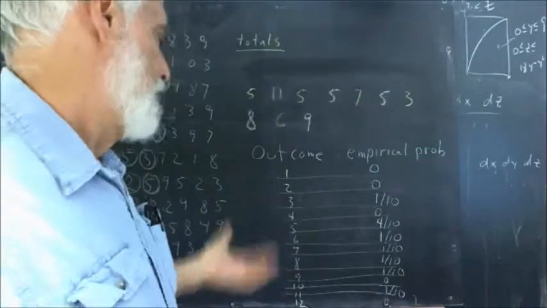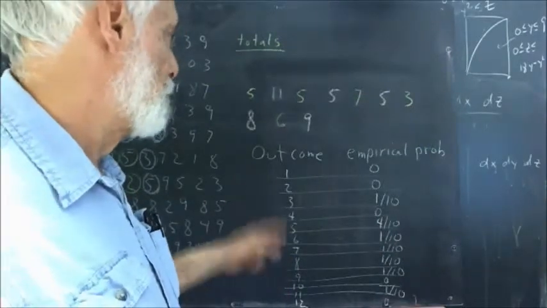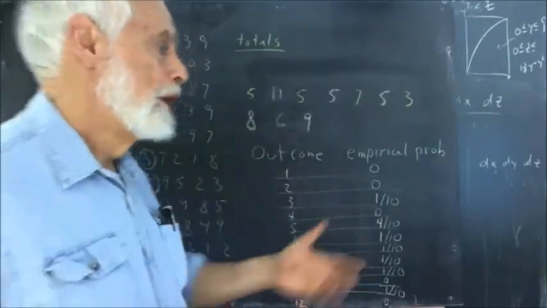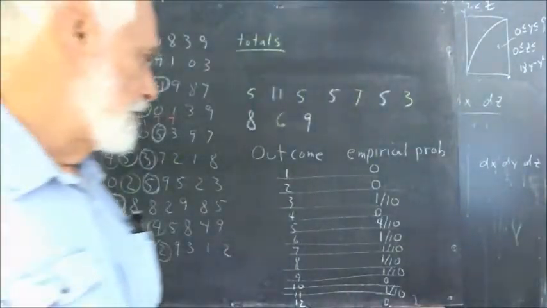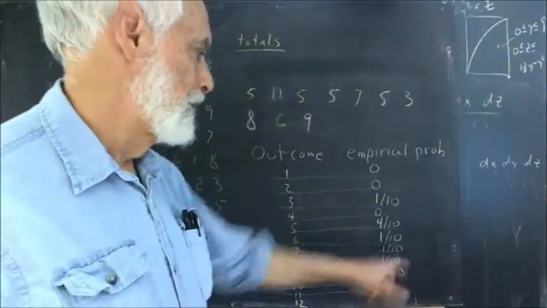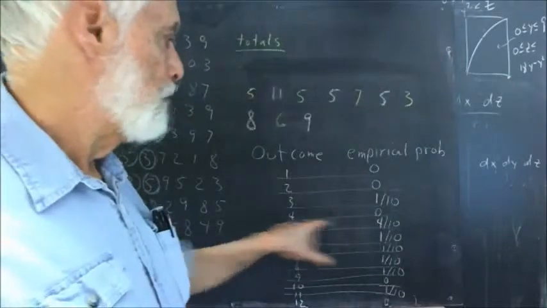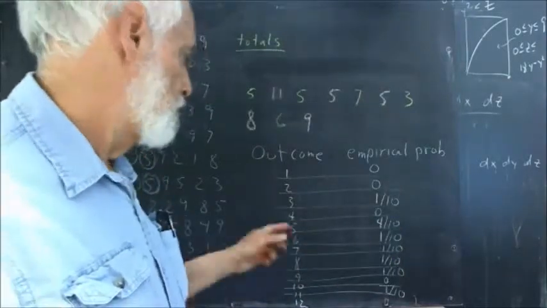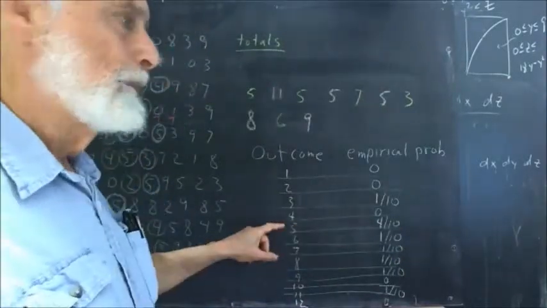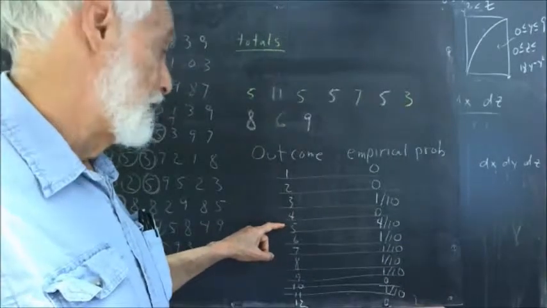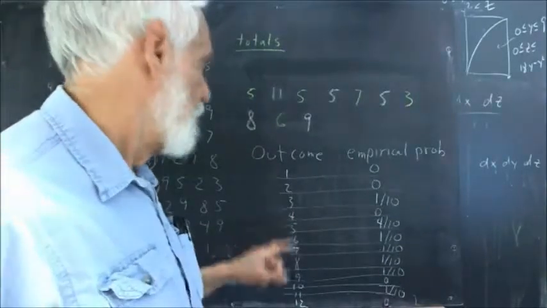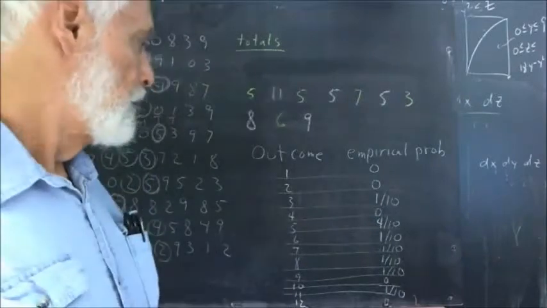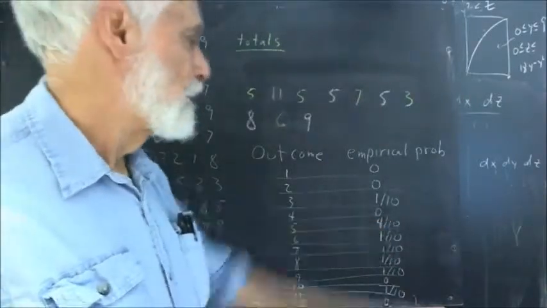We would expect to get 7 1/6 of the time. 1/6 of 10 is closer to 2 than it is to 1, but 1 time out of 10 is nothing unusual. Getting 5 4 times out of 10 is fairly unusual. We only expect to get 5 1 time out of 9, 4 times out of 36, and you should understand why that is. And we got it 4 times out of 10.